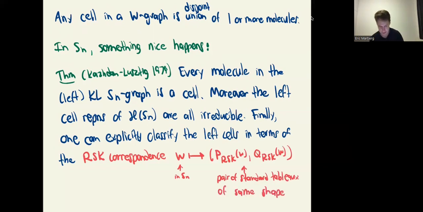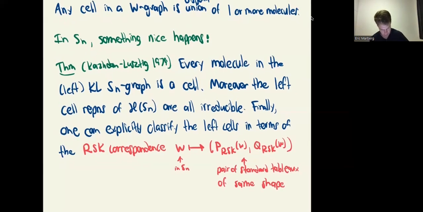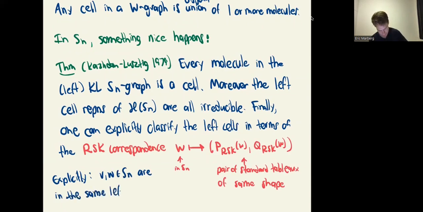And the way this explicitly works out is two elements V, W in Sn are in the same left cell if and only if their recording tableaux, the second tableau assigned by this RSK correspondence, is the same for both entries.